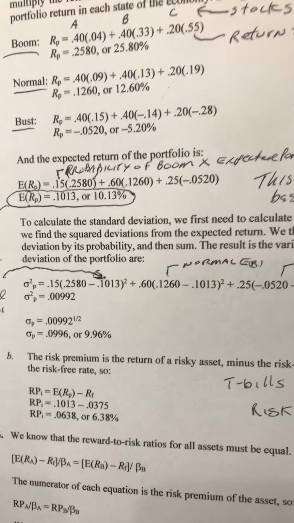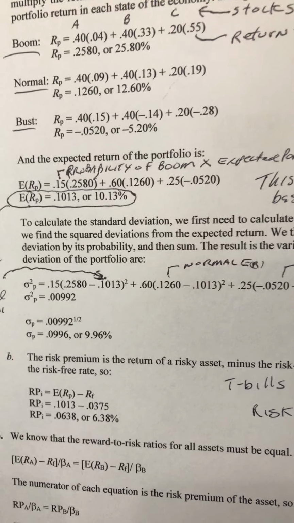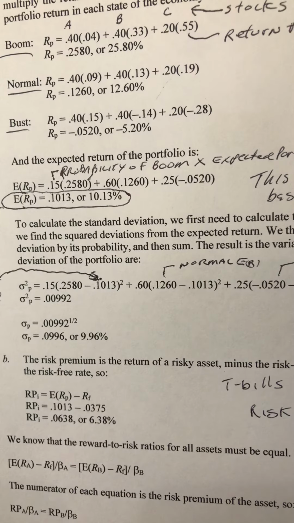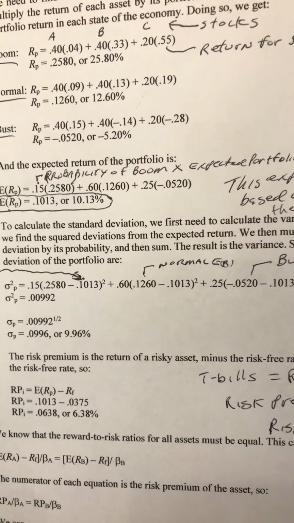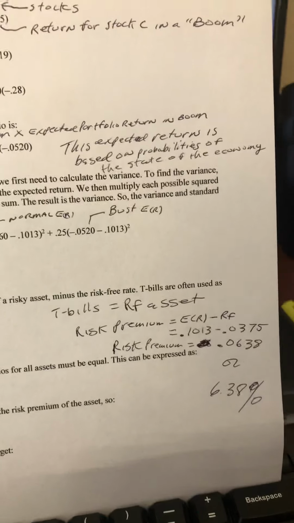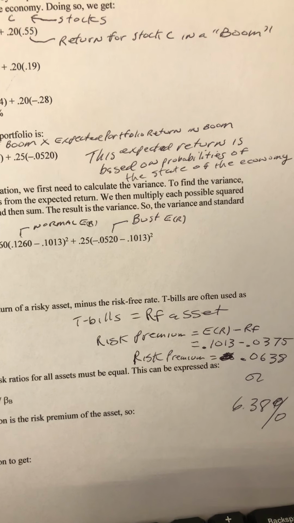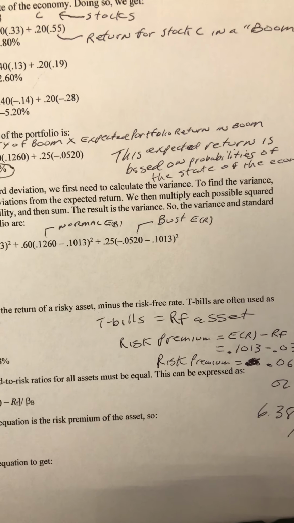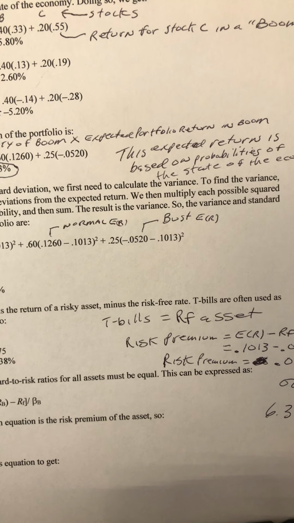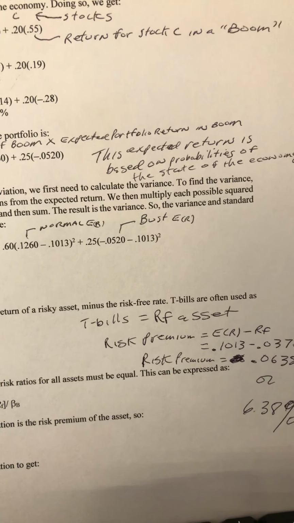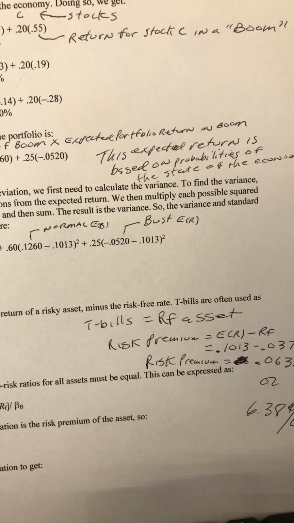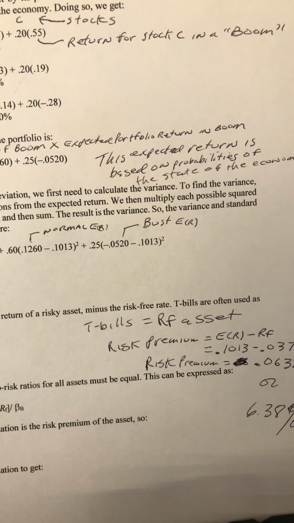Part B is simply asking what's the expected risk premium on this portfolio. And they give you a T-bill rate. And I've said many times in class that the risk-free rate is a T-bill rate. So simply using a T-bill rate that's given at 3.75%, and the expected return in this portfolio was 0.1013 or 10.13%, you simply subtract the risk-free rate from the expected return of your portfolio of risky stocks.